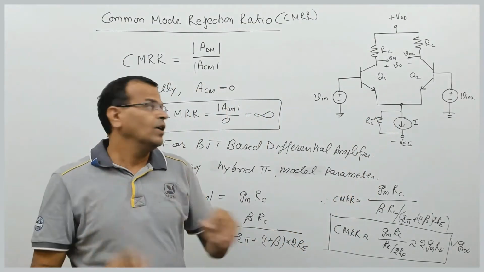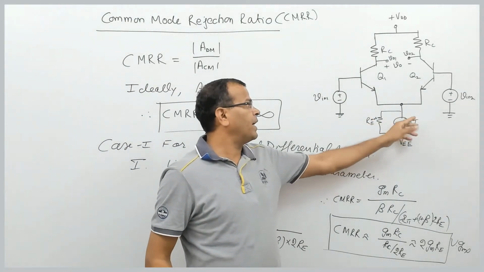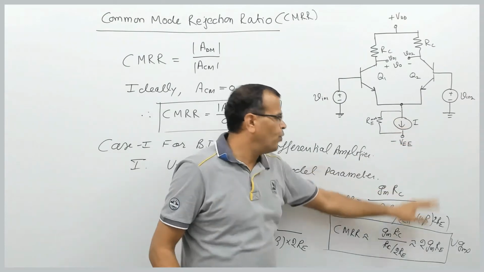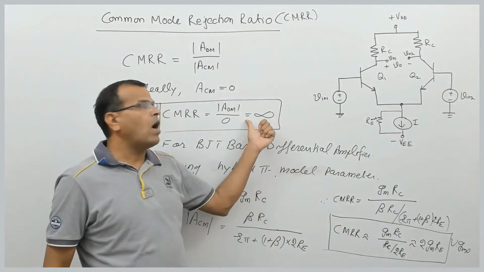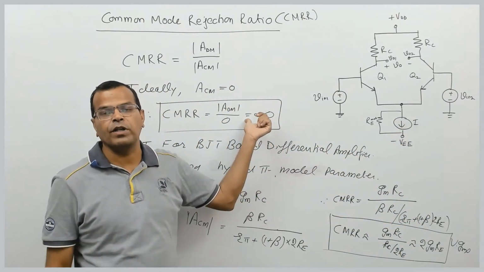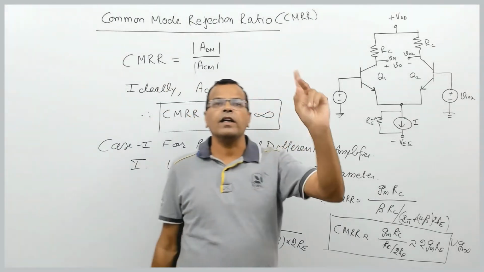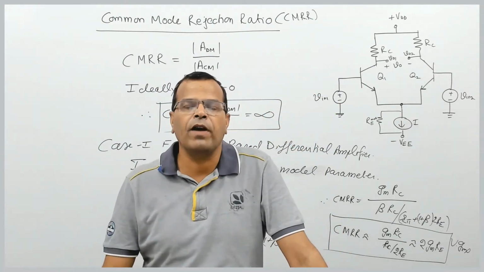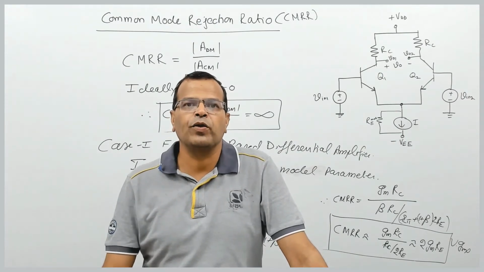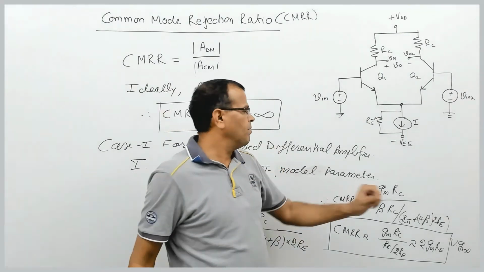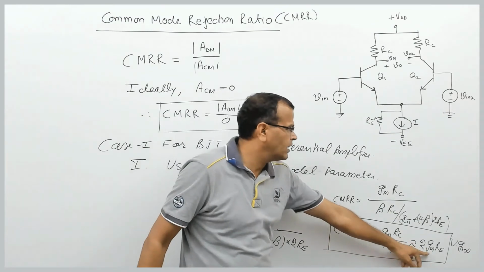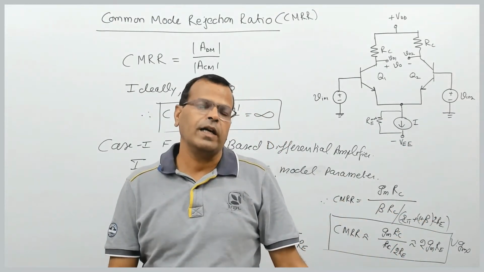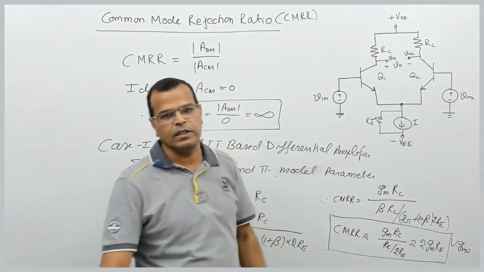So that means by connecting a current source in the emitter circuit, we have a high value of common mode rejection ratio. So in case of BJT based differential amplifier, common mode rejection ratio can be increased either by increasing resistance RE or by connecting a current source in the emitter circuit like this.